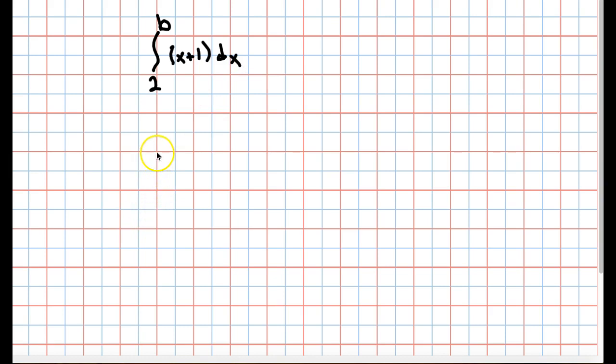Okay, give this one a try. All right, so if we graph this, we know the function x plus 1, slope of 1, y-intercept of 1. So that's going to look like this.